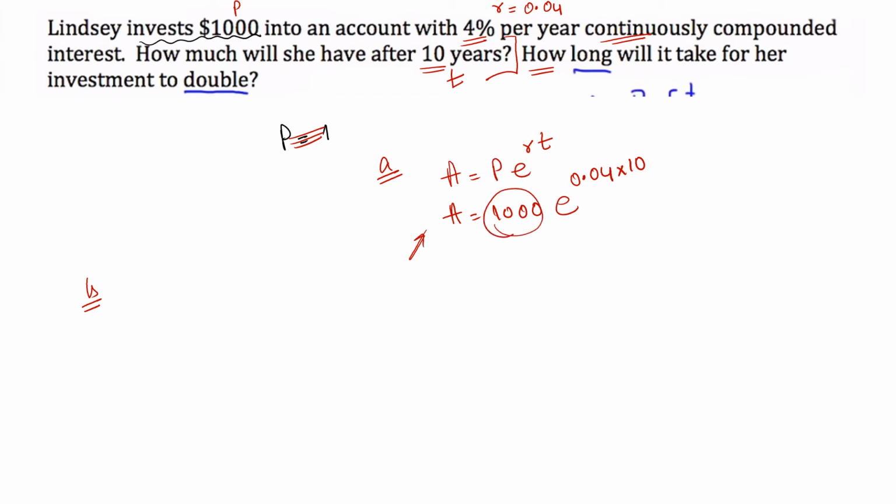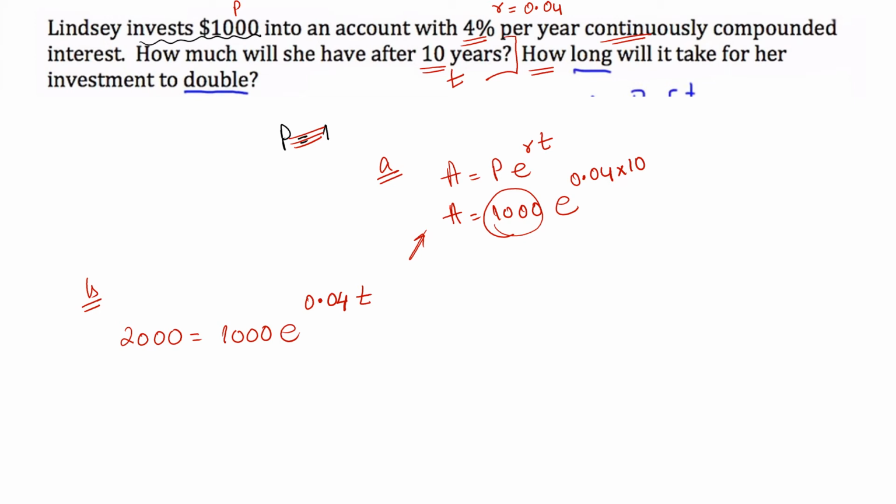Initially she has $1,000. So double the investment means that A will be double of the 1000, which means 2000. And the rest is as it is. She wants to know how long it will take. It means that she wants to know about the time.